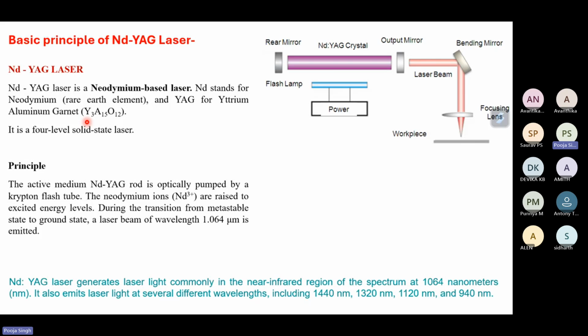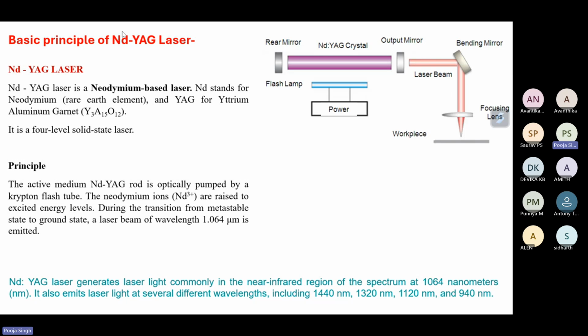The ratio is 3 to 5 to 12. And what type of laser it works on, that we studied in the first class: two level, three level, four level laser. So it basically works on the principle of a four level laser.